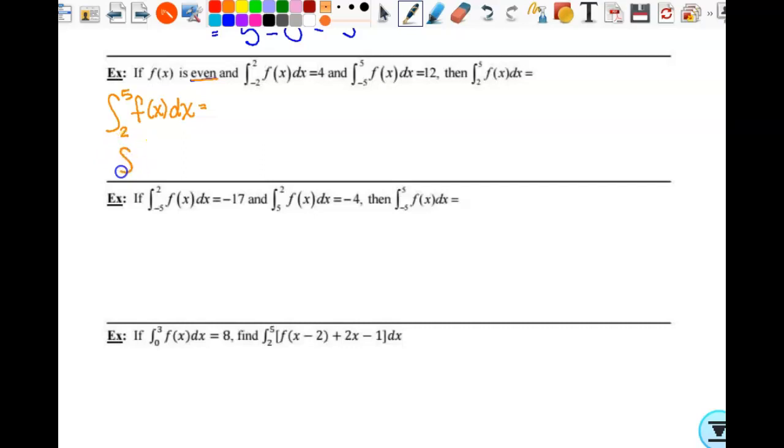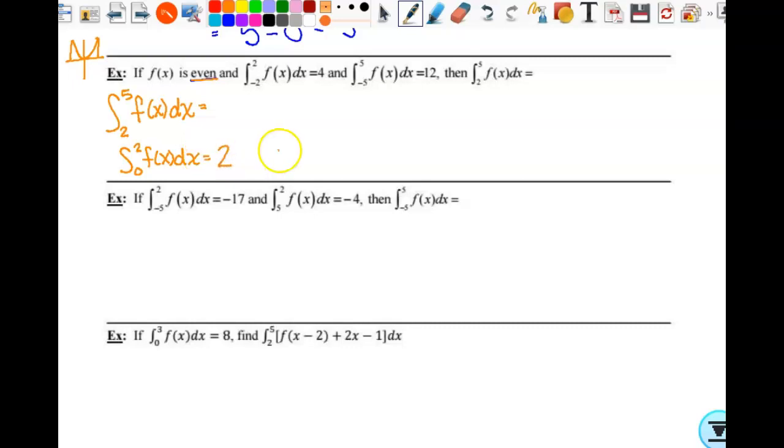But if I integrate from 0 to 2 f of x dx, since it gave me from negative 2 to 2 and it's even, then this has to be half of that, because you only have one side of it. Think about it being you have negative 2 to 2, but I'm only going from 0 to 2, so it's half of that. So that has to equal 2.